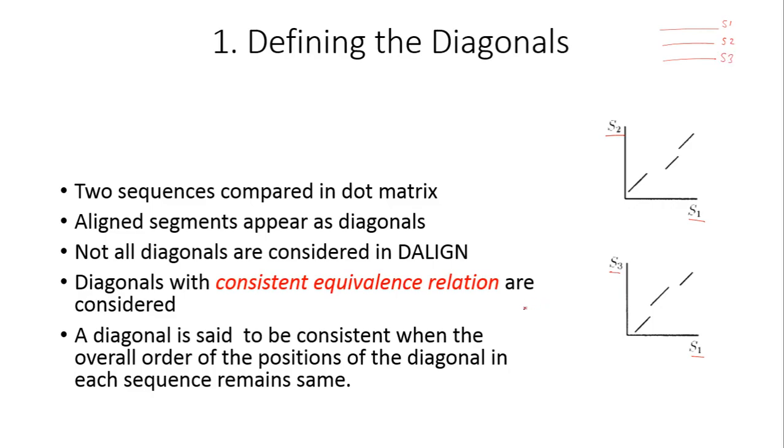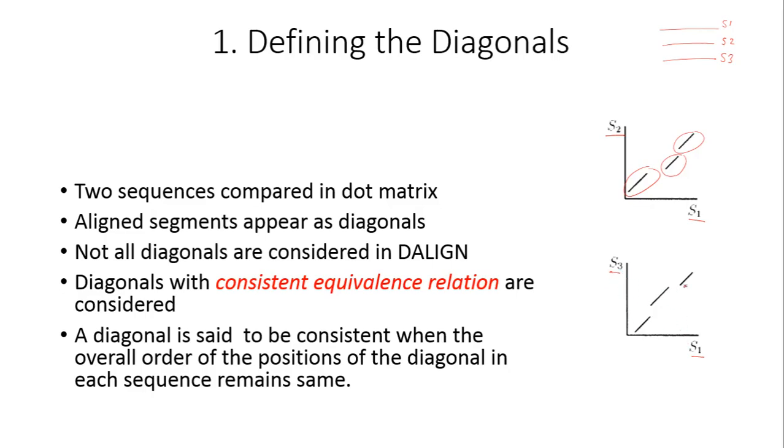Two of the sequences in this example are first compared in a dot matrix, and you are supposed to figure out where the diagonals are that represent the similarity between the two sequences in question. Similarly, you do the same thing for the remaining pairs of sequences. This particular dot plot represents the comparison of sequence 2 and sequence 1, while this particular dot plot represents the comparison of sequence 1 with sequence 3.